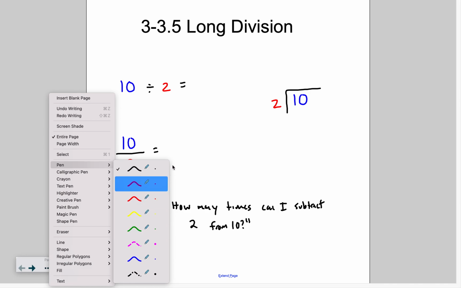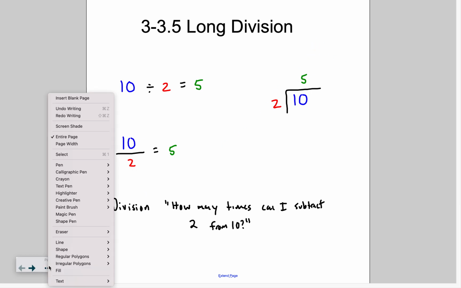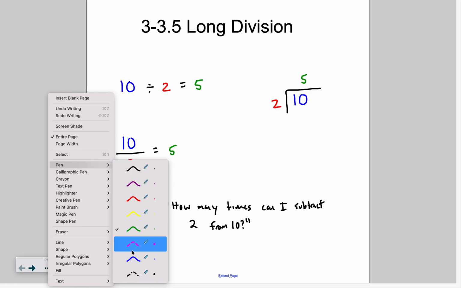And of course, we know that the answer is 5. We can subtract that 5 times. Now, when we're doing division, each of these numbers has a name. And so let's go through in an order that makes more sense.